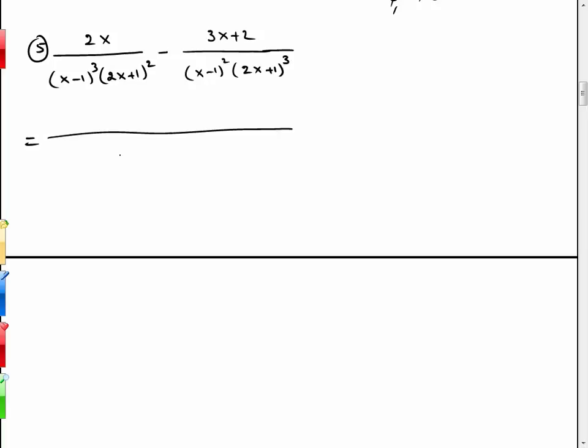Well, like I said before, pick the one with the bigger exponent: (x minus 1) cubed. We have (2x plus 1) squared and a (2x plus 1) cubed. Again, pick the bigger exponent, 3. Okay? As before, find the LCM over the first denominator on the side.